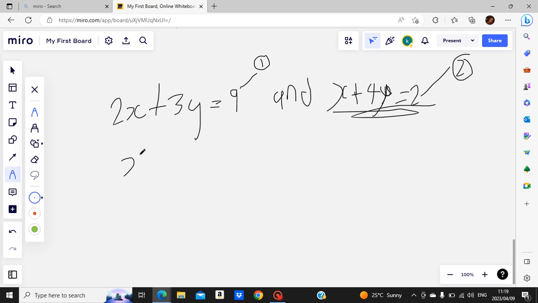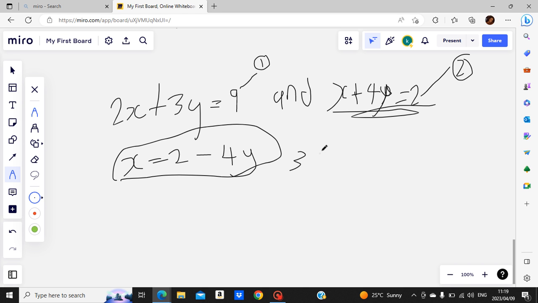And when it becomes our equation 3, it means that we have to be solving for one variable, either an x or a y. But in this case, it's easier to solve for the x because x is alone. So you're going to come and say x equals 2 minus 4y. And this is going to be our equation 3 because our equation 3 helped us find at least x.